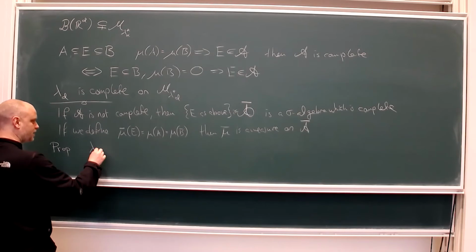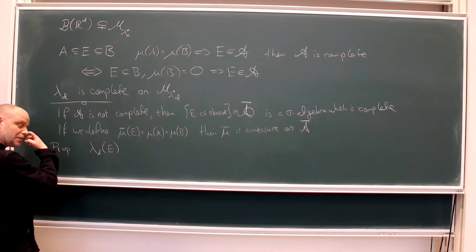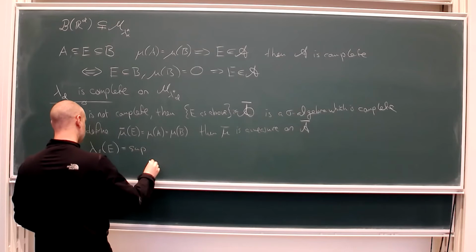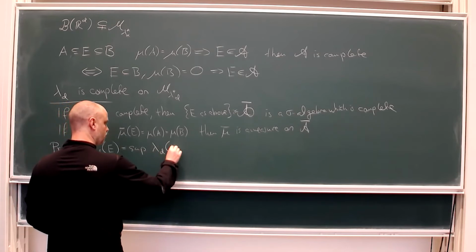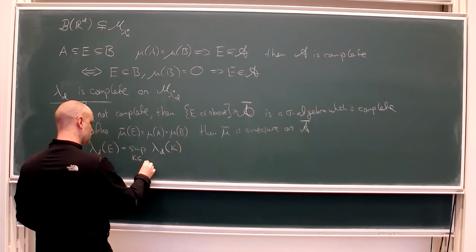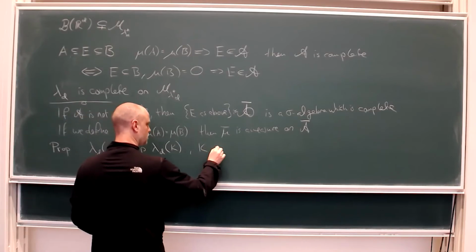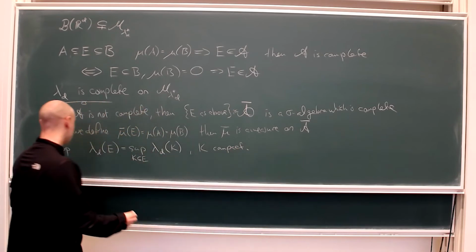So the Lebesgue measure of some set E in the Lebesgue sigma algebra is equal to the supremum of the Lebesgue measure of compact sets, where the compact sets are subsets of E. Okay.